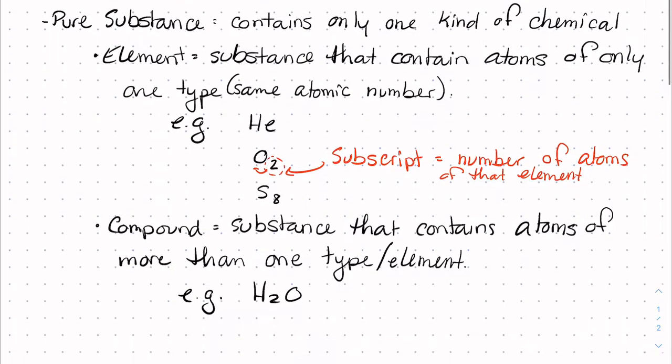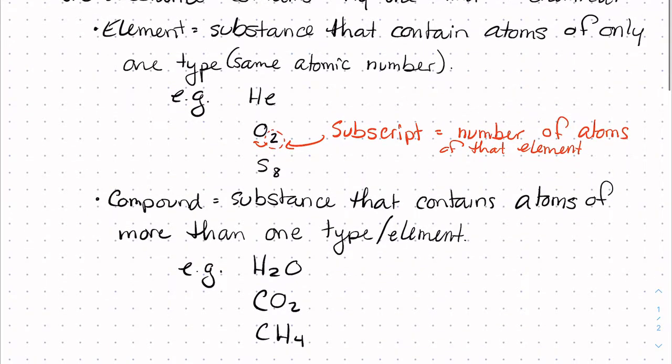Water we know is H2O, carbon dioxide is CO2, methane is CH4. There are many compounds in the world, but those are just a few simple ones. And we can see each of these has 2 different elements. We have hydrogen and oxygen in water, we have carbon and oxygen in carbon dioxide, and we have carbon and hydrogen in methane. So those are the 2 main kinds of pure substances that you want to be aware of.